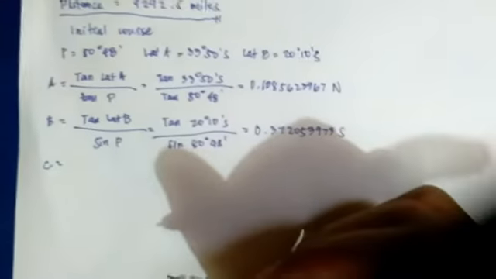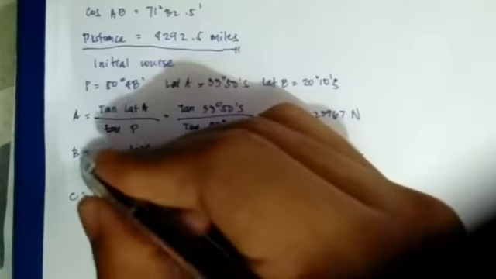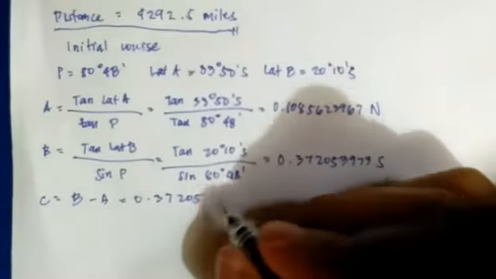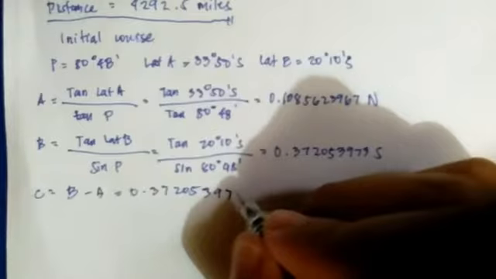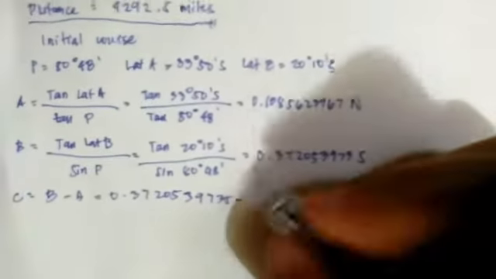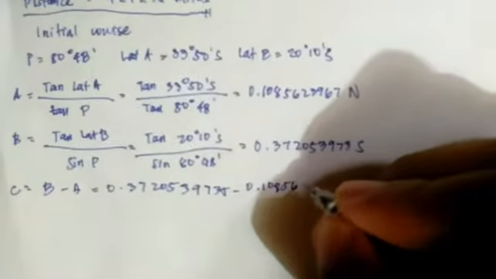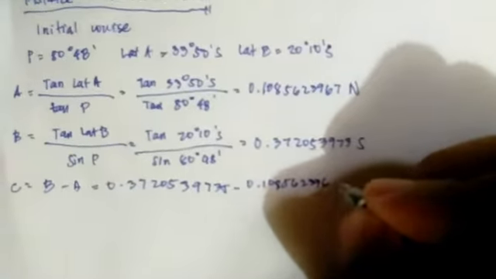So since we already have our A and B, we need to get our C. By getting C, we only need to subtract the initial course of A from the initial course of B. So it would be 0.372053973 minus 0.108562397.